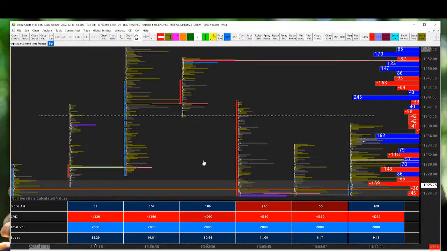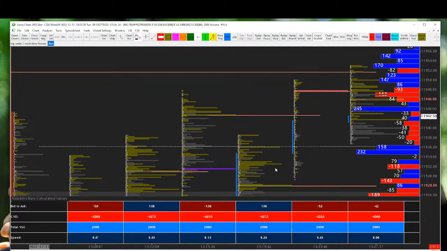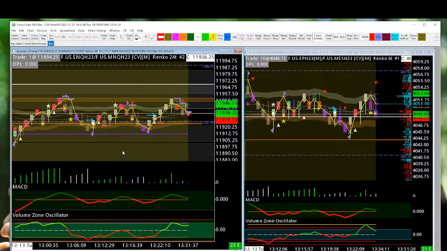I'm telling it to look for certain qualities in this data set. So when this is present and this is present and this isn't, give me some signal. That visual signal replaces my need to have the footprint on a screen where I'm constantly looking and trying to see is that a completed auction, and do we have a poor low there, and all the things I used to do visually and analyze on the spot. It's basically doing that for me.